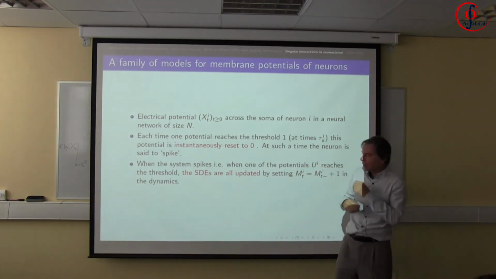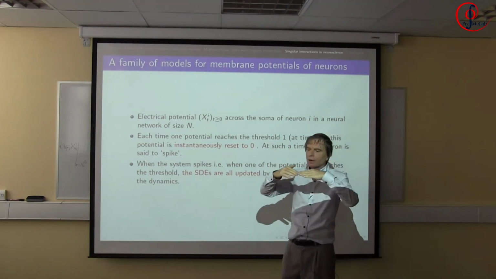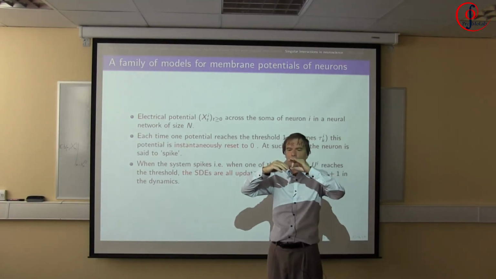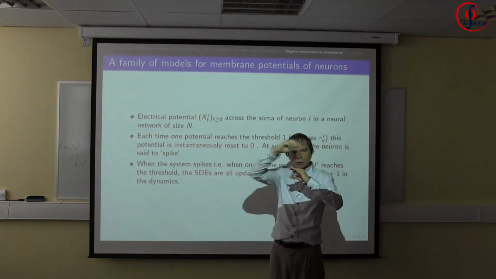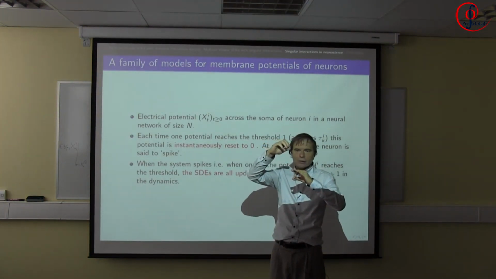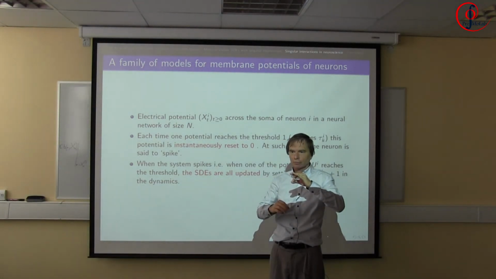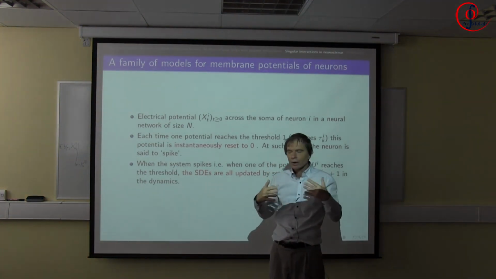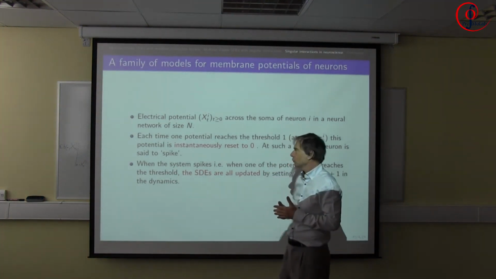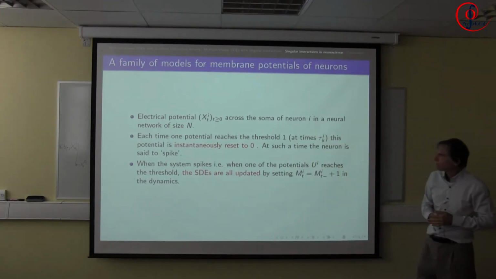Okay, and each time the electric potential at some point reaches a given threshold, more or less instantaneously the electric potential is reset to 0. Okay, so that's the way neurons work.